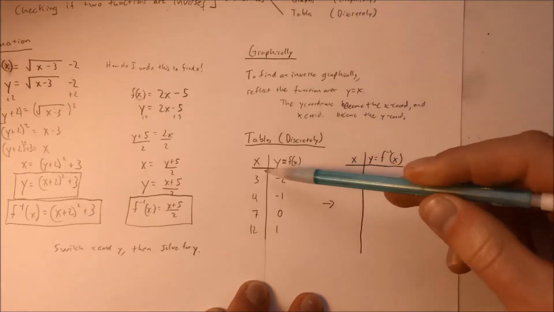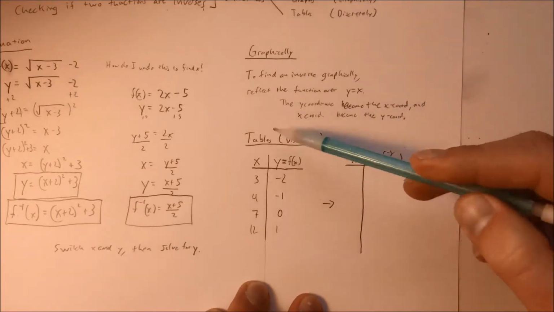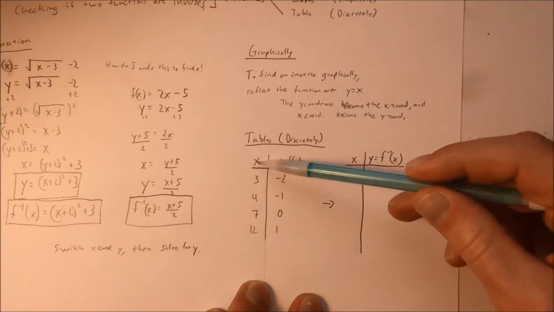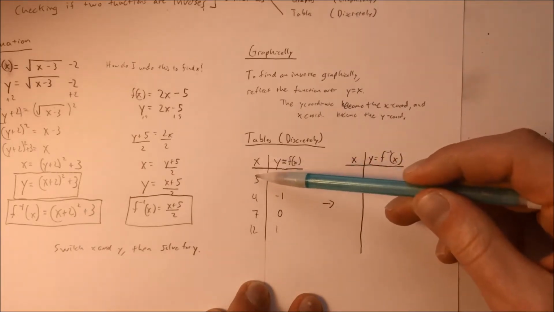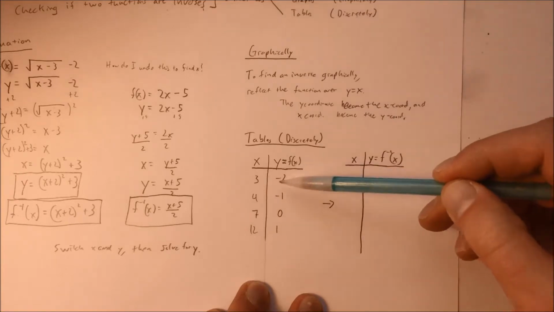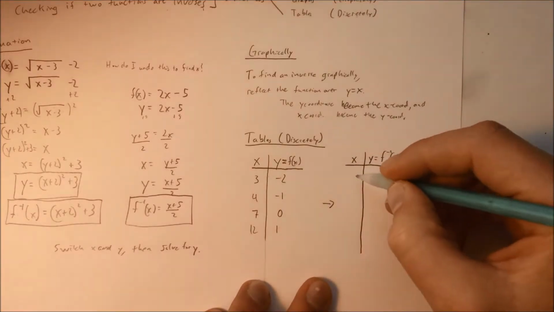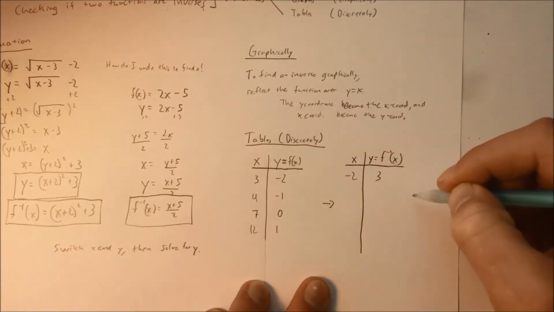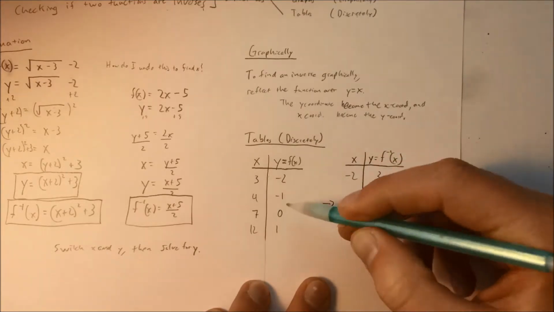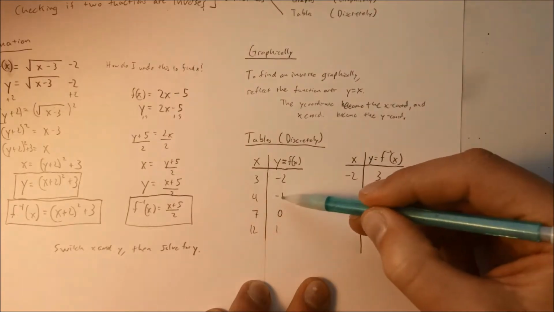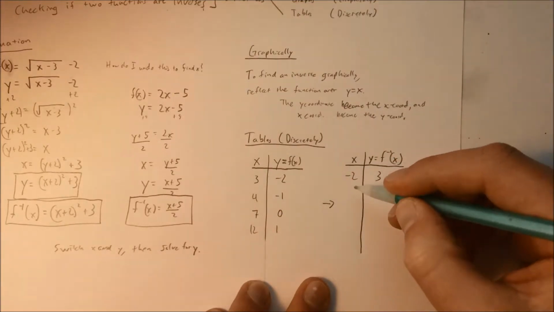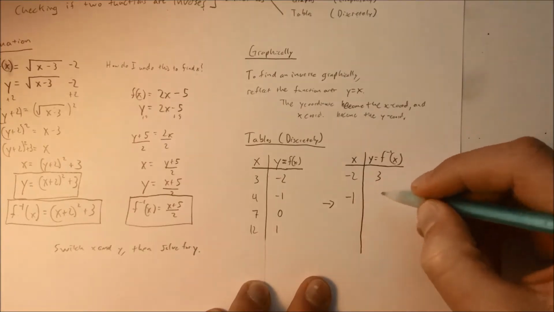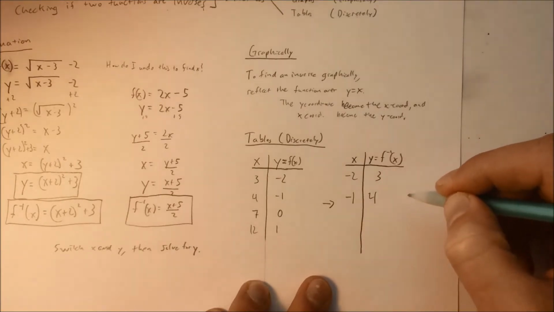If I have to find the inverse of this function, and this is the function we just used, f of x, if x is 3 and y is -2, then that means the inverse is going to be -2, 3. If the x value is 4 and the y value is -1, then the coordinate's going to be -1, 4.